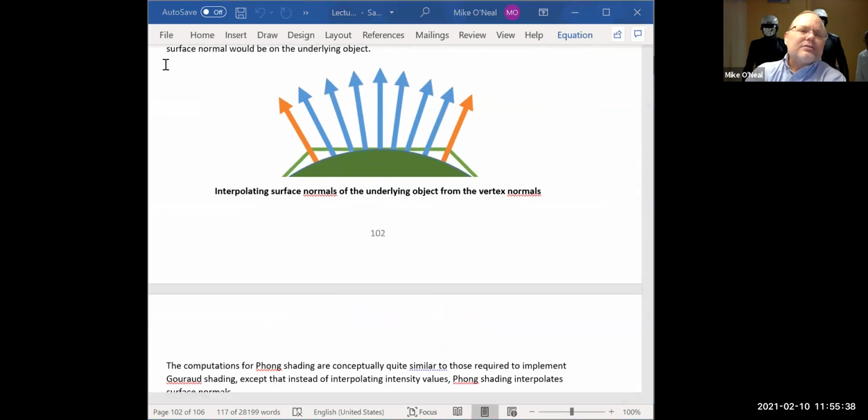Okay, let's see. So it's much more computationally heavy for much better smoothing. Absolutely. You might say, well, it shouldn't be that much more expensive because you're just interpolating surface normals rather than interpolating intensity values. That's true. The interpolation equations are no more expensive, okay?